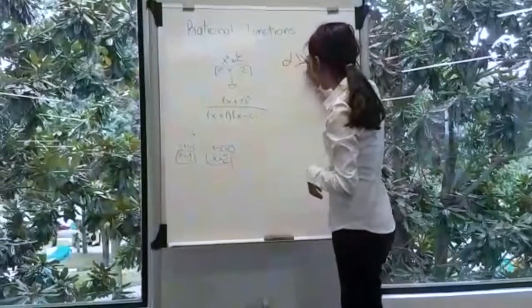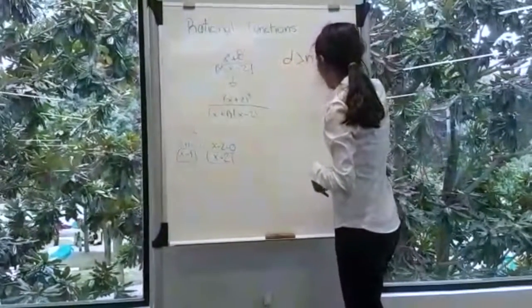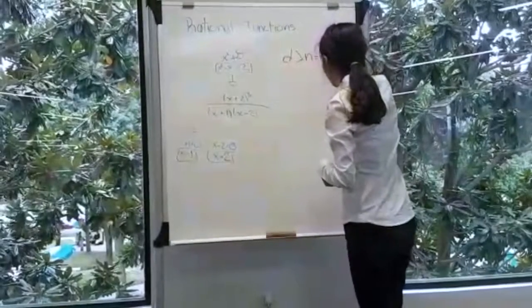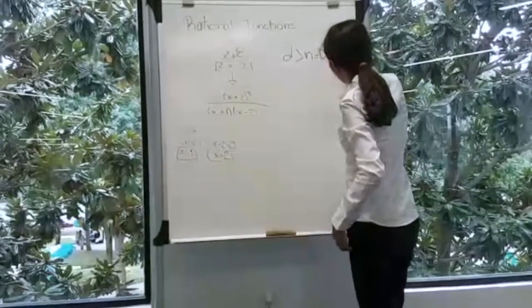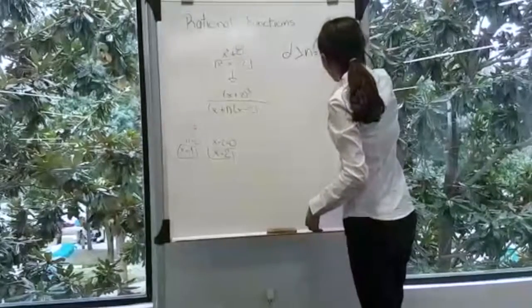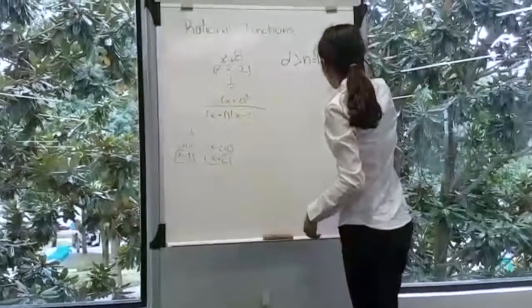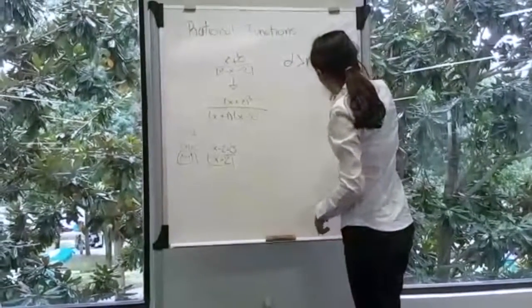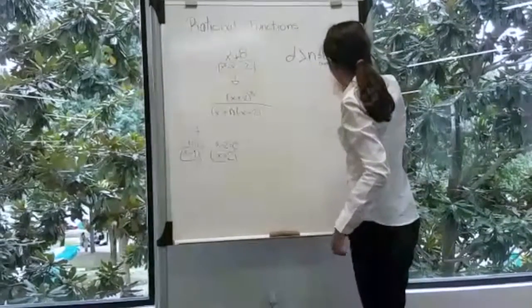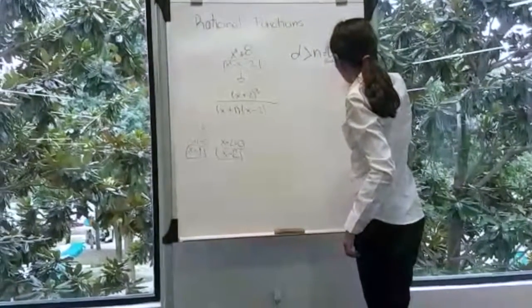First of all, we have a rule that says if the denominator is greater than the numerator, then the answer is not going to exist. We should write DNE, which means does not exist, because our answer doesn't exist.